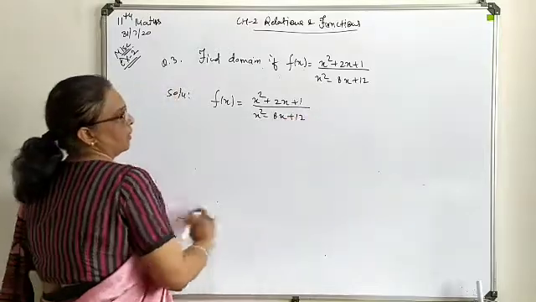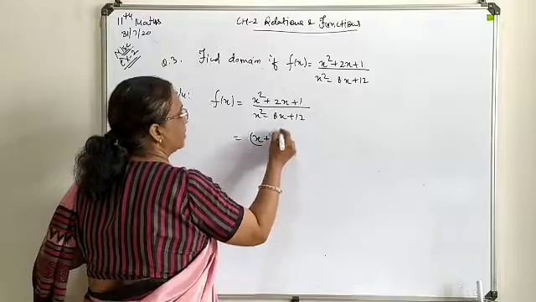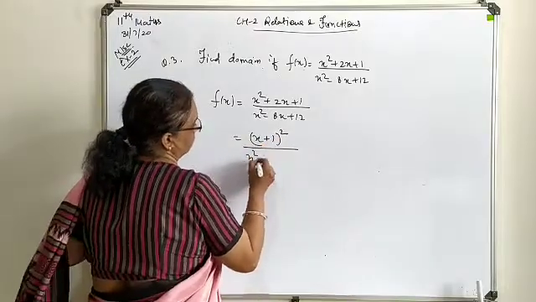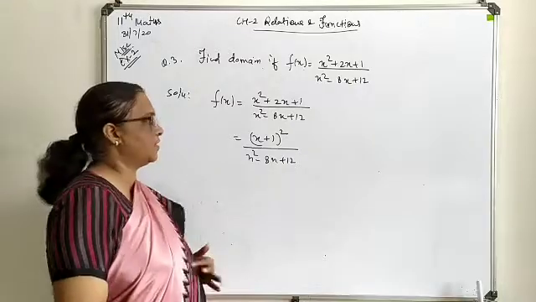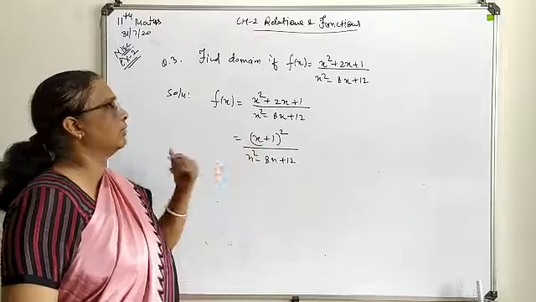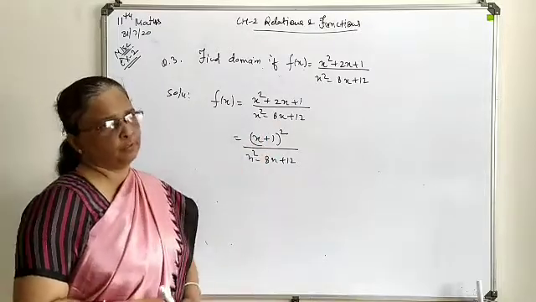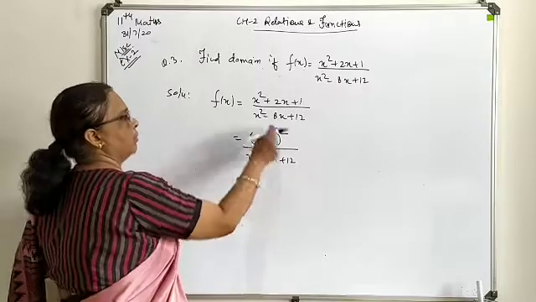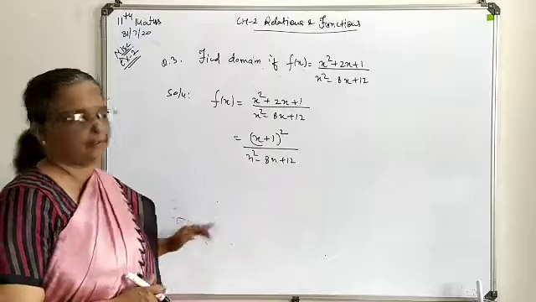The numerator you can write as (x plus 1) whole square. Now for the domain, it being a perfect square, whatever the value of x, it will turn to a positive quantity. So obviously it is not going to be effective here. Definitely some value you will have regarding the numerator.